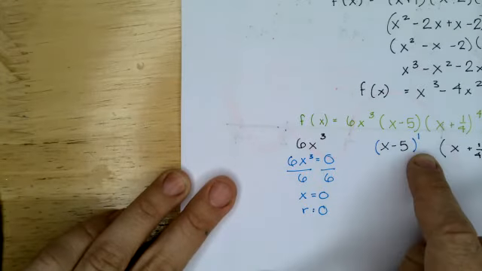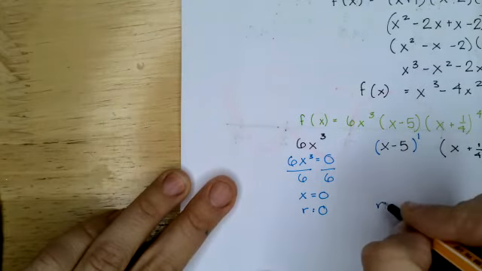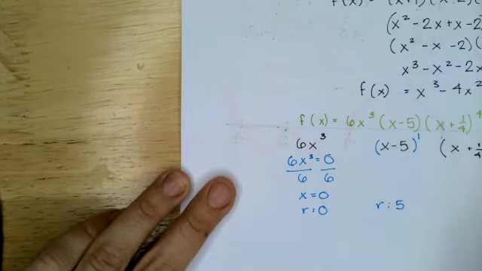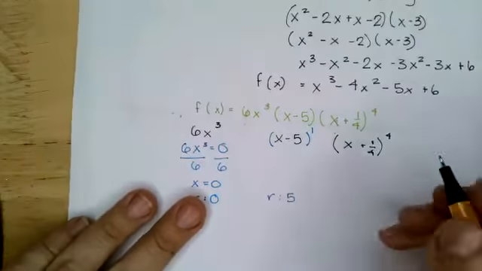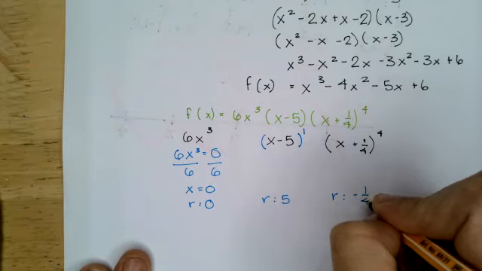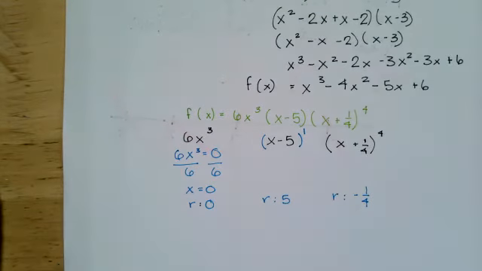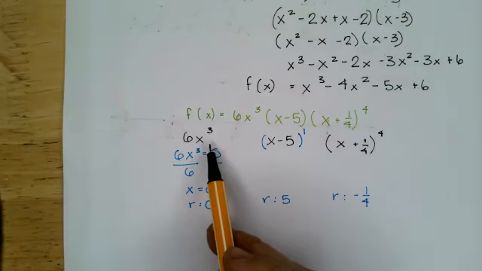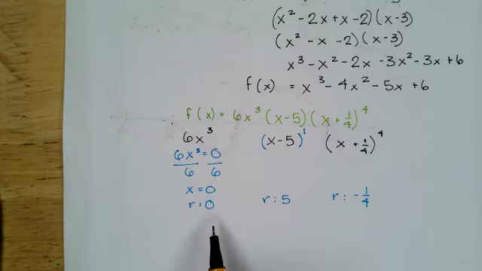If I set this equal to 0, I'm going to get my real zero is a positive 5, right? If I set this equal to 0, my real zero is going to be a negative 1/4, right? We're not adding or subtracting any number. We're adding or subtracting 0, right? So our real zero is 0.